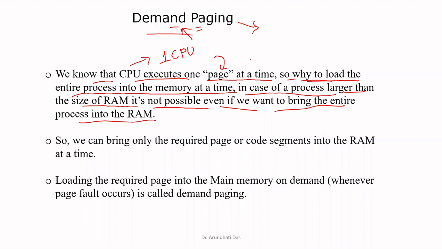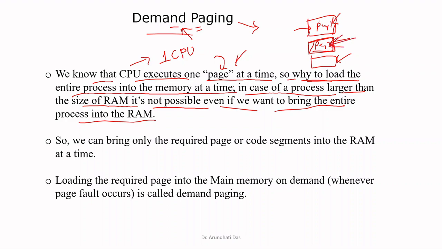Another is that since only one page can be executed at a time, why should I load multiple pages at the same time? Only that required page I will load into my main memory. If I have other vacant slots in my main memory, I can give them to other processes, and in that way my degree of multiprogramming will also be increased.